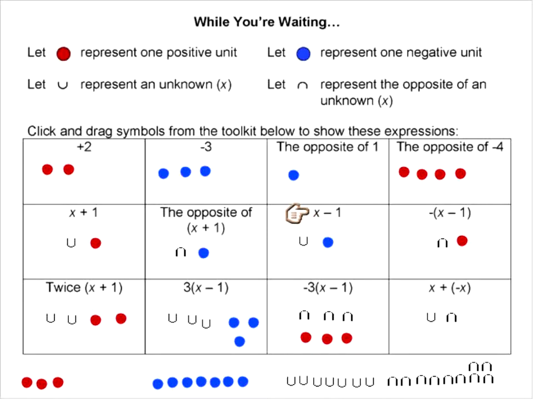And then here we have the quantity x minus 1. One way to think about this is to say x plus a negative marker. That way you would know that you put a collection of x plus the negative marker, instead of thinking of it as x minus 1.